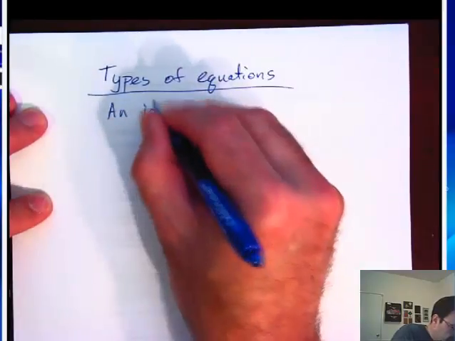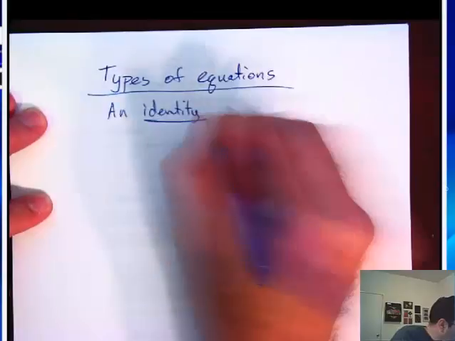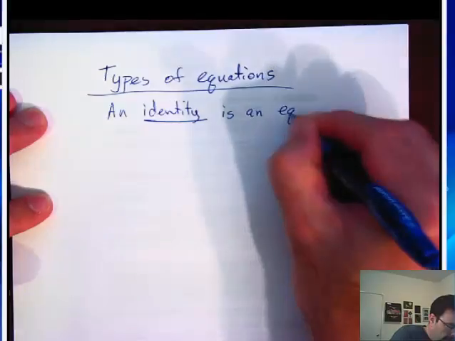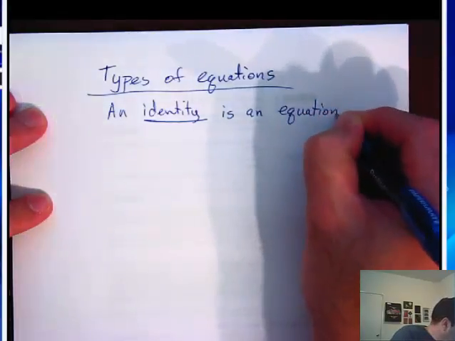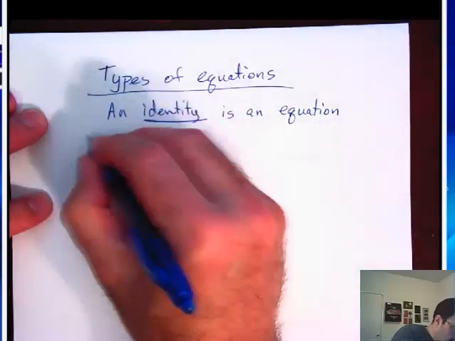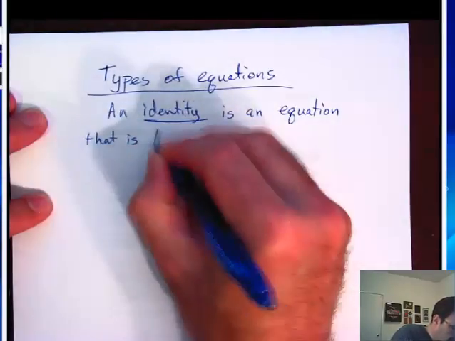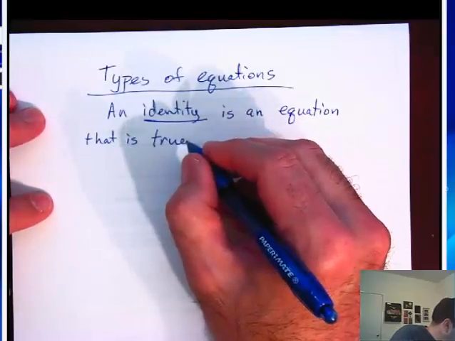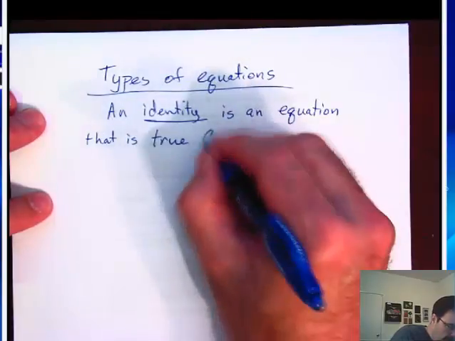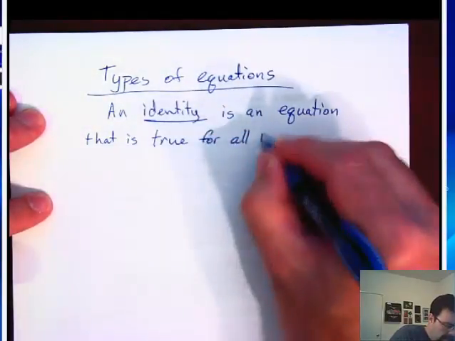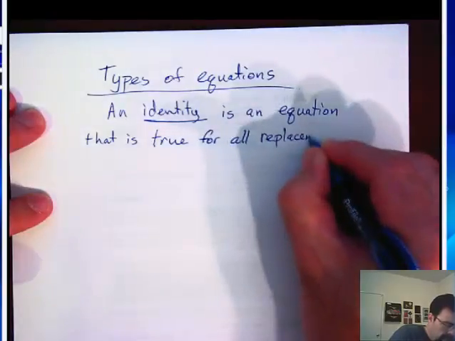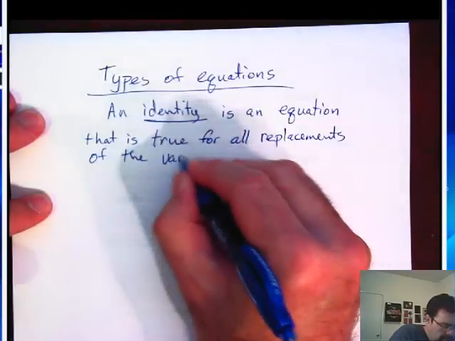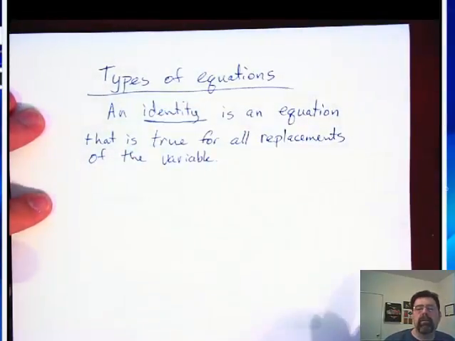So an identity is an equation that is true for all replacements of the variable.